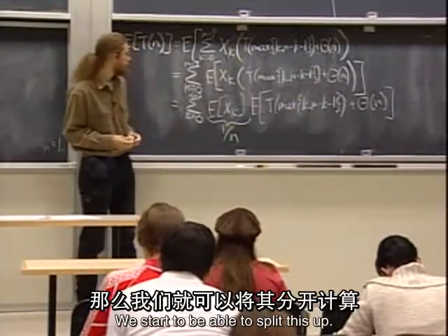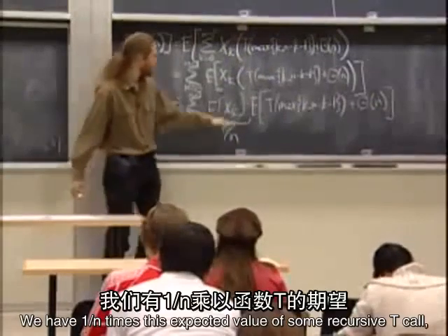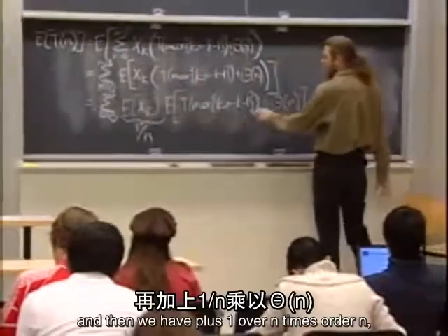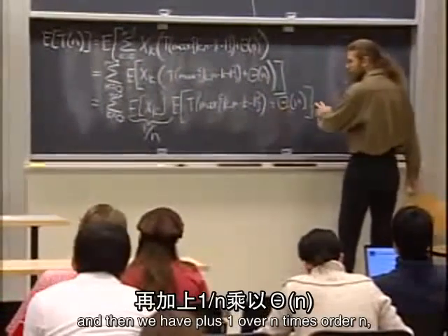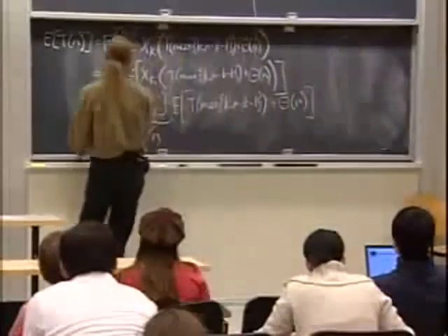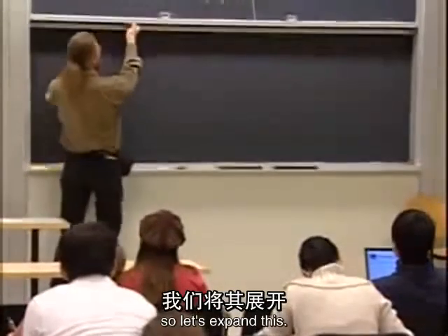So we start to be able to split this up. So we have 1 over n times this expected value of some recursive T call. And then we have plus 1 over n times order n, also known as a constant. But everything is summed up n times. So let's expand this.